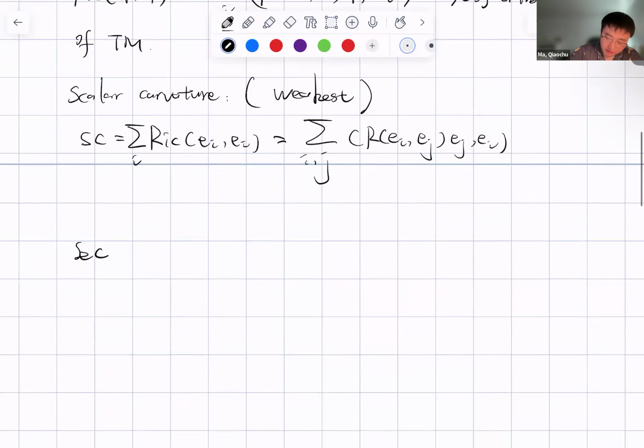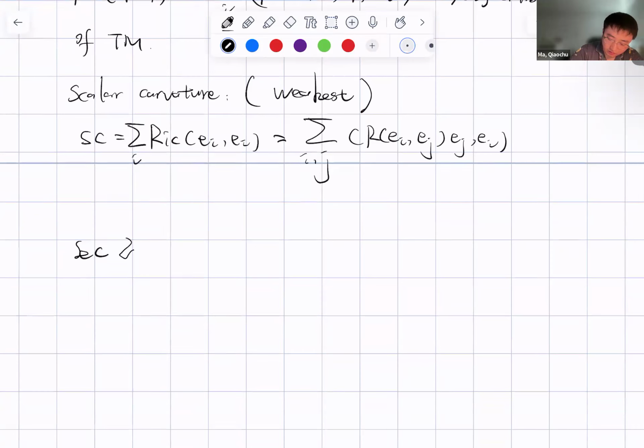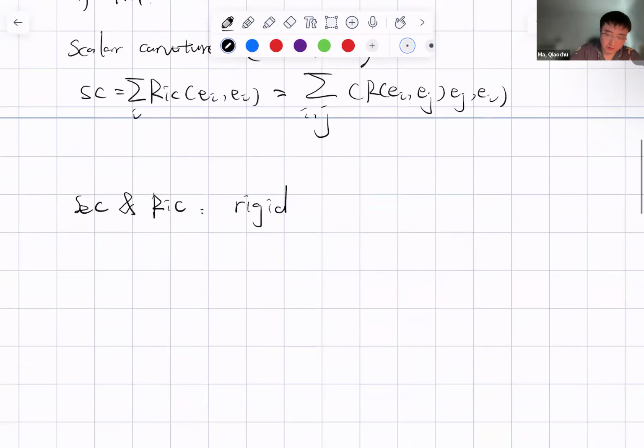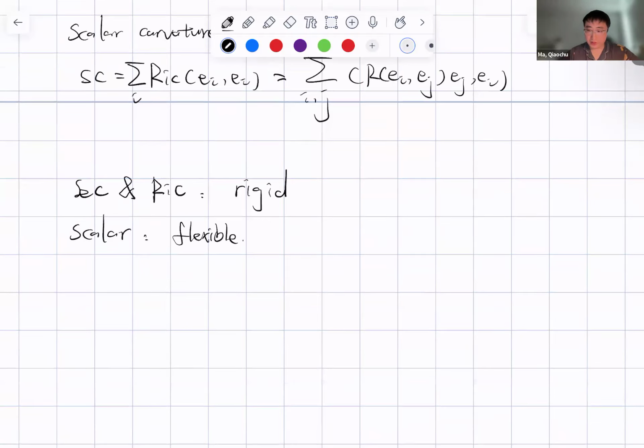Sectional and Ricci curvature are very rigid, but scalar curvature is very flexible, and we can compare them.